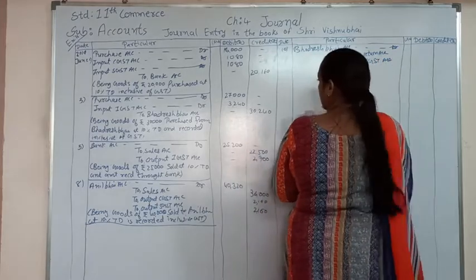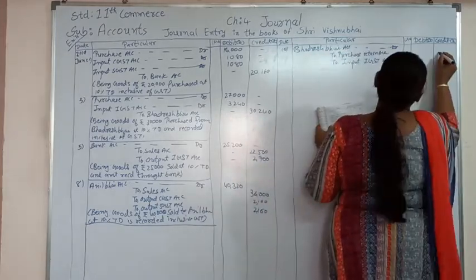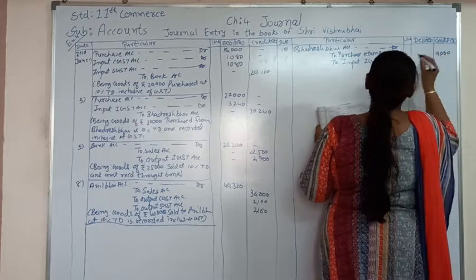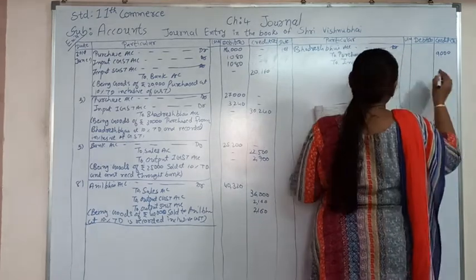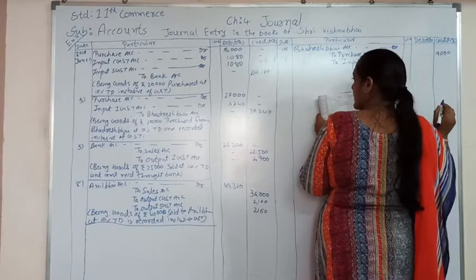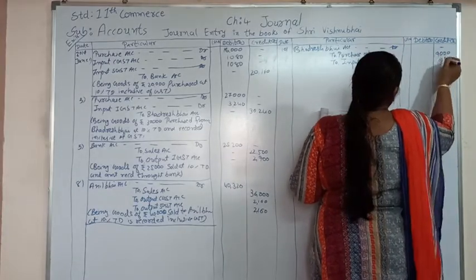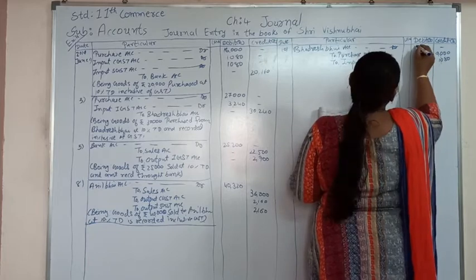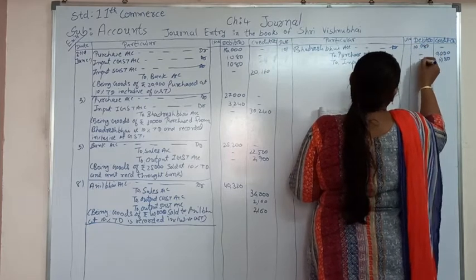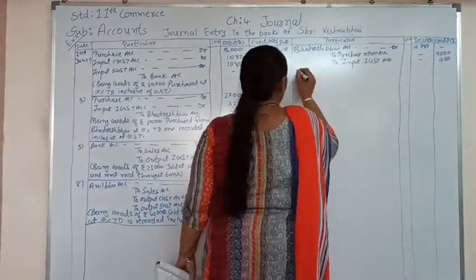And here the goods returned is 9,000, and input IGST, 1/3 of it, will be 1,080. So the total of this will be 10,080.